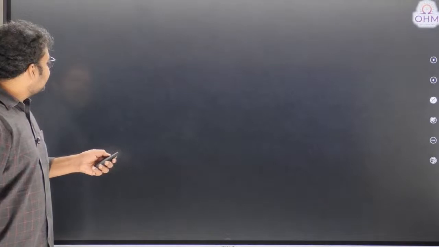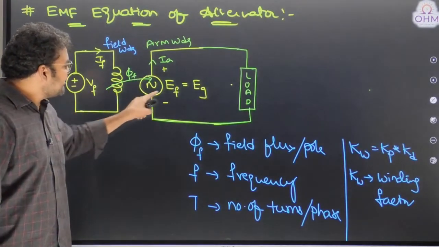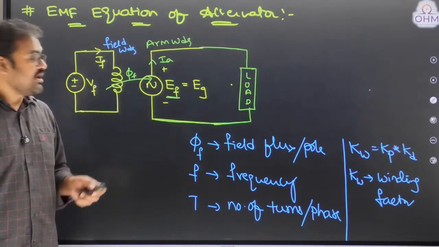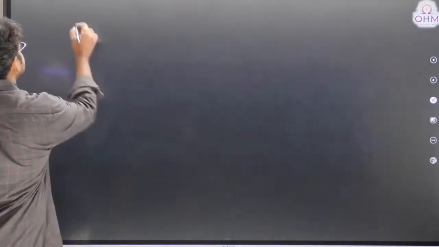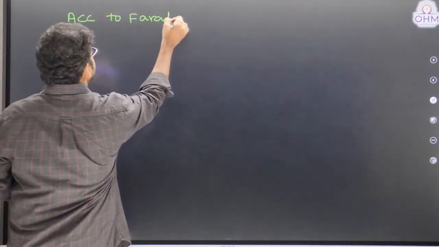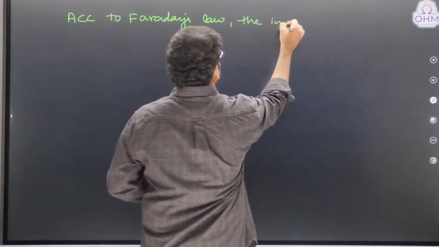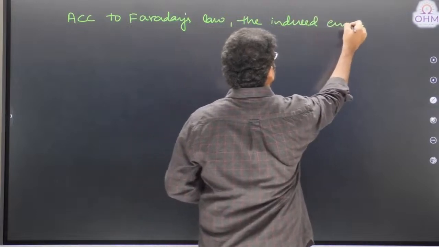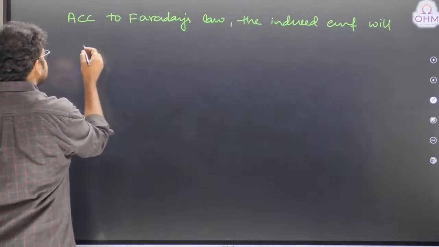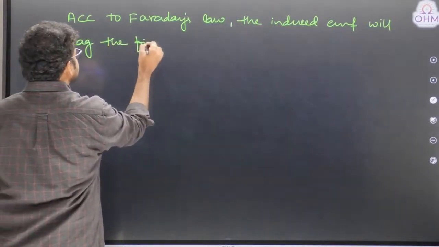Now this main field flux will cross the air gap and induce an EMF in the armature winding. We call it field induced EMF. Now remember, according to Faraday's law, the induced EMF will always lag the field flux by 90 degrees.